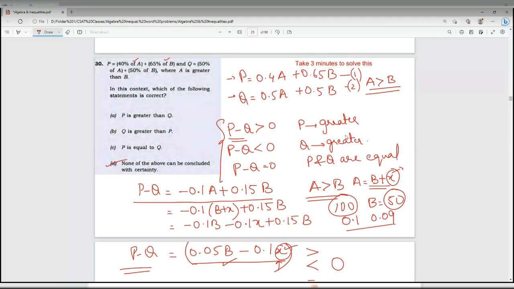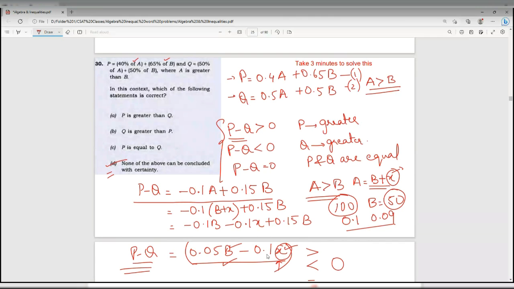In other questions you could have taken examples, because if this option D was not there, you could have taken examples like this and solved. But since none of the above is there, you have to be very careful. The difference here depends on B and the difference between these two numbers.